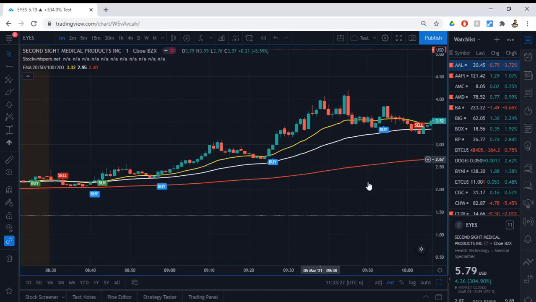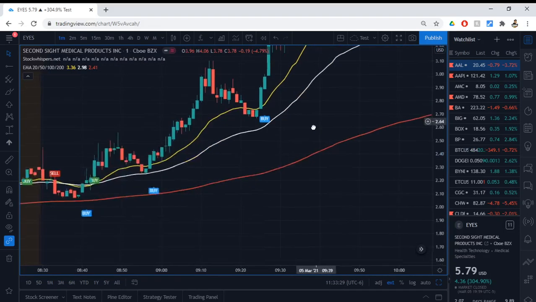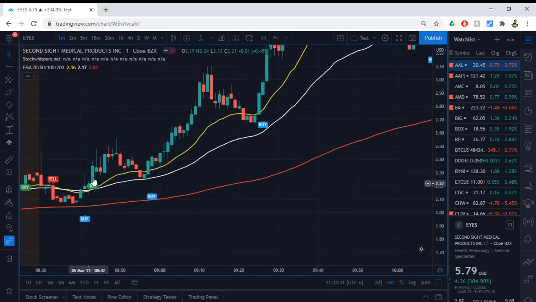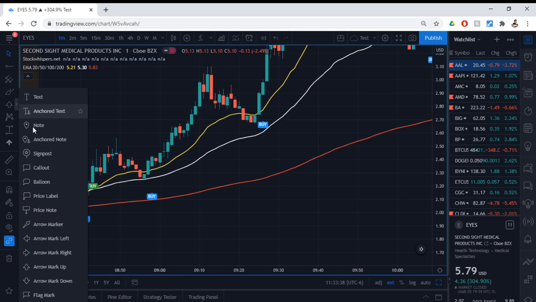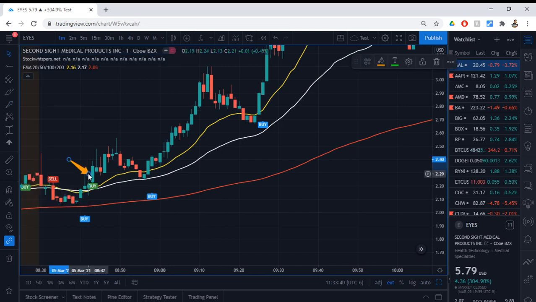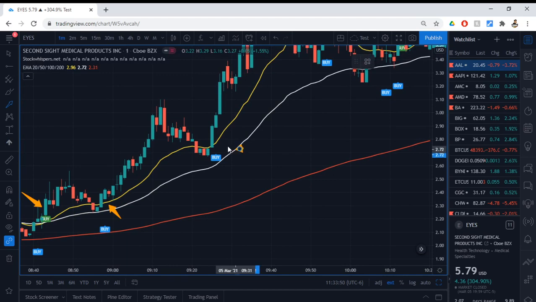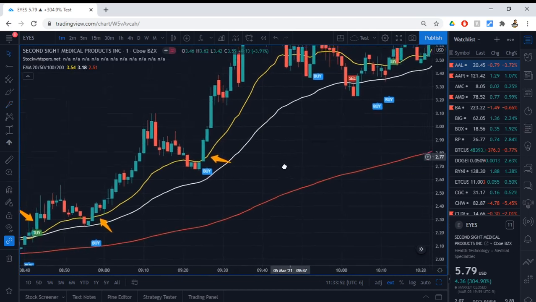Okay, so, aggressive strategy here from this moment on. You could have chosen to enter this trade based on the very aggressive entry. This trade based on the very aggressive entry.